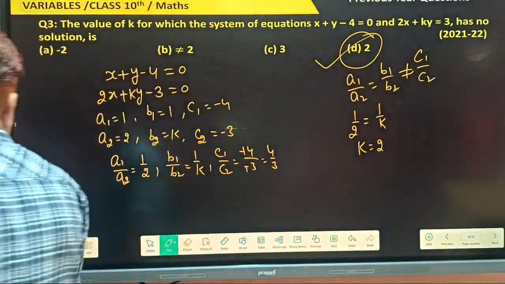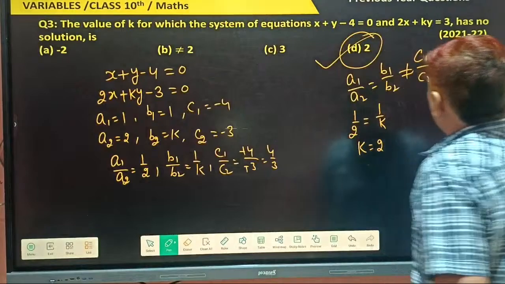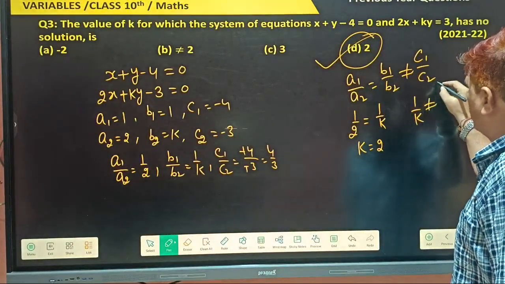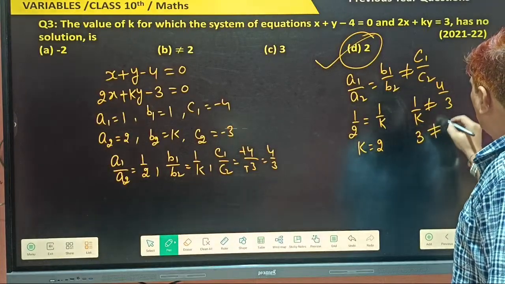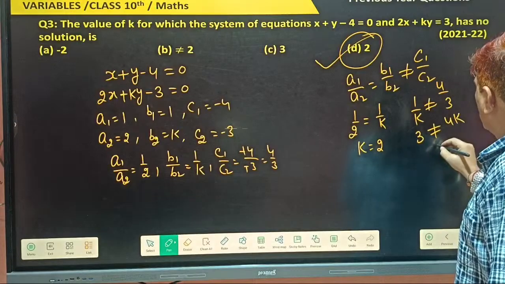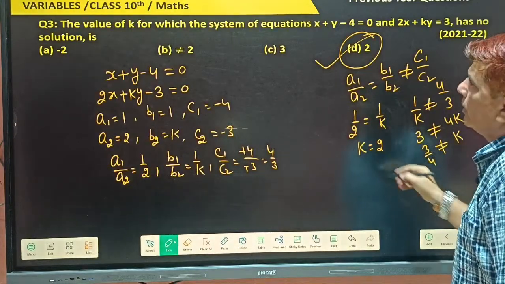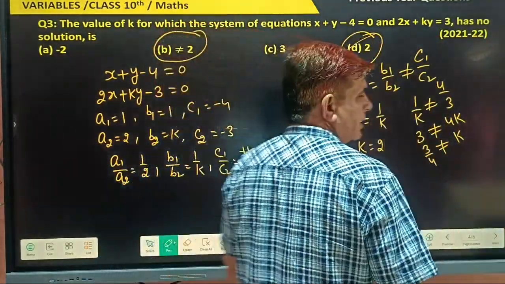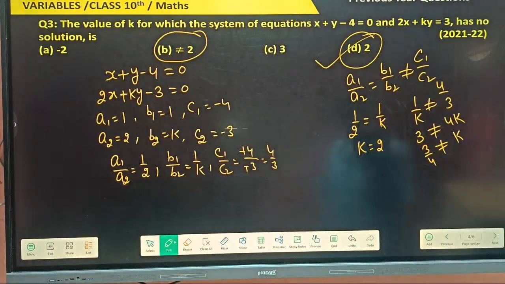We can also check the not-equal condition: 1 by k is not equal to 4 by 3, it means 3 is not equal to 4k, so k is not equal to 3 by 4. But here it is given not equal to 2. So directly I said this is your answer. Understood?